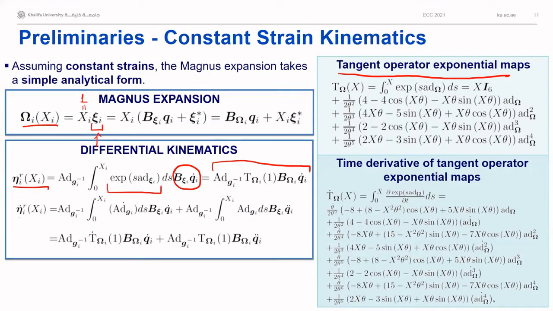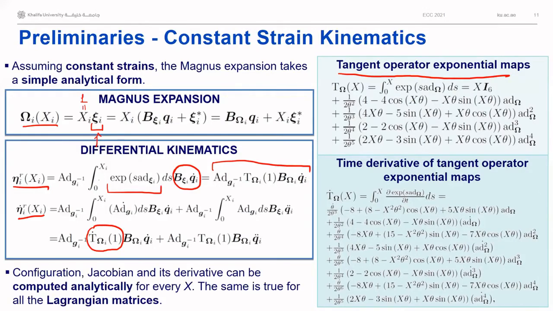Similarly, it can be done for the relative acceleration by using the time derivative of the tangent operator of the exponential map. So in conclusion, for the constant strain case, we have an analytic formulation for the configuration, the Jacobian, its time derivative, and by consequence, all the Lagrangian matrices can be analytically computed in principle.